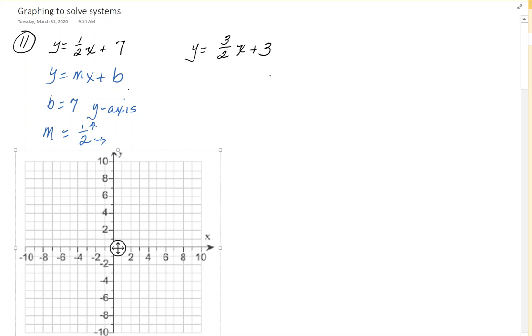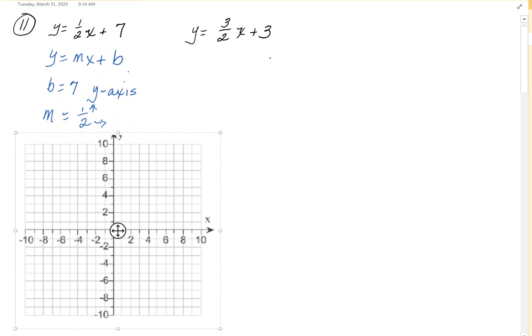So to graph this, and I'm going to try to be careful, but it's not that easy in this technology, I will begin at 7 on the y-axis. From there, I will go up 1 and over 2. It does not like me to make big dots, so these aren't even very good dots. I can reverse it and go down 1, left 2.